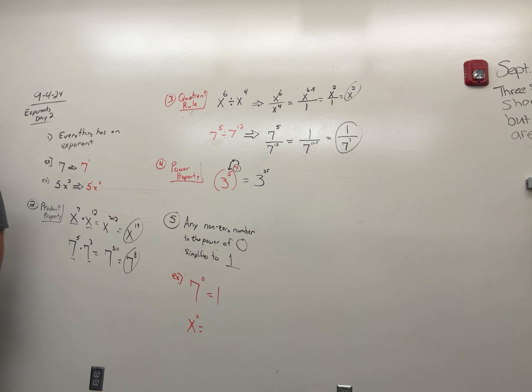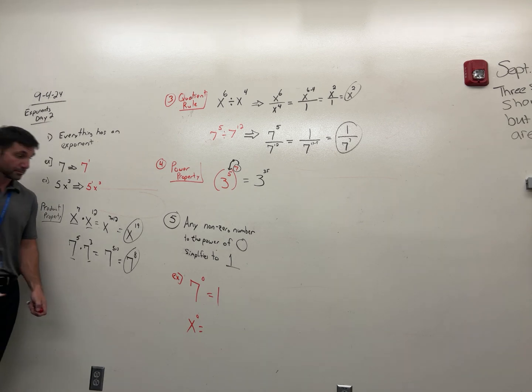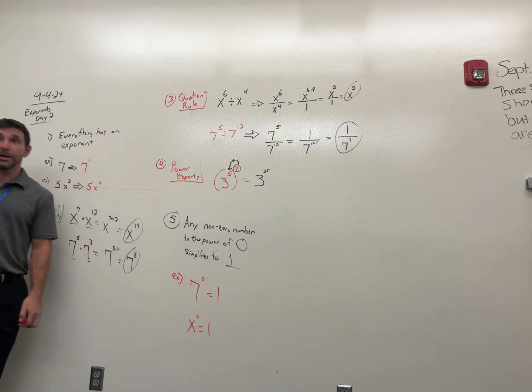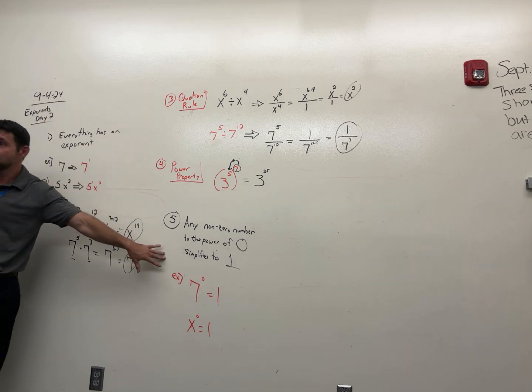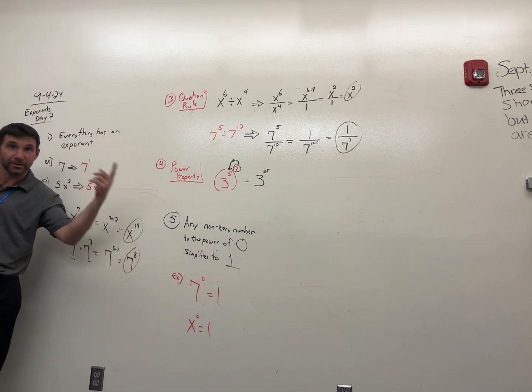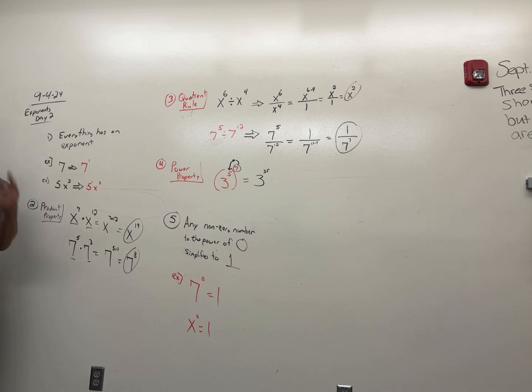If you see a variable to the 0 power, it's going to be 1. Anything to the 0 power is the number 1. Okay, we ready for our last rule? Have I gone too fast? We've done all these. This is pretty easy, right? You see a 0 power, it's 1. Anytime you see the 0 power, it's 1. We good?